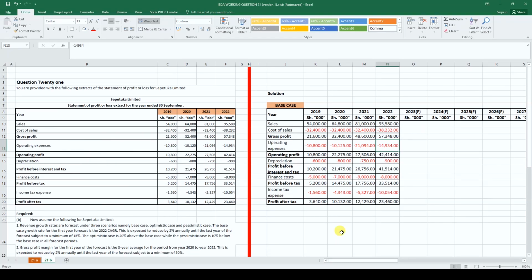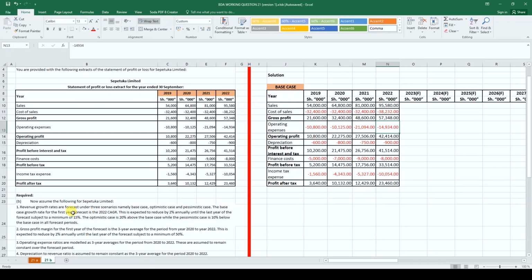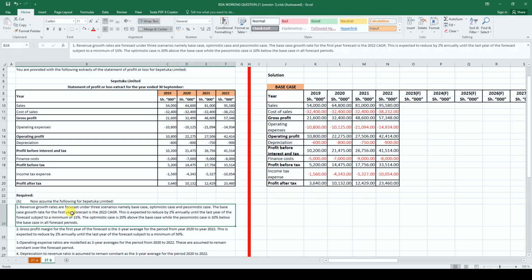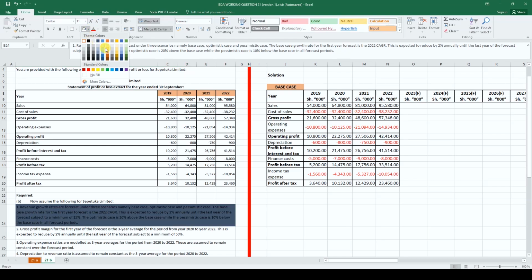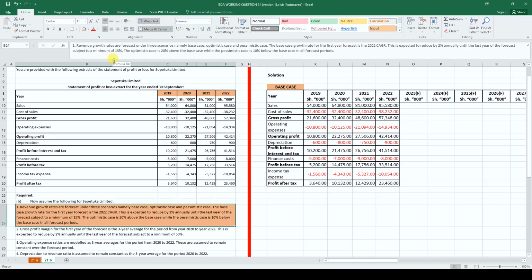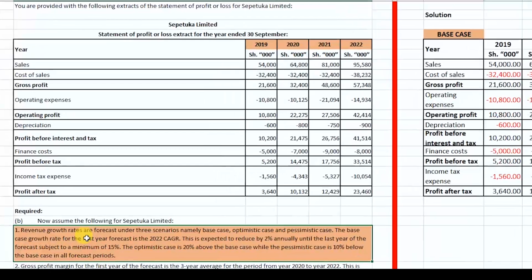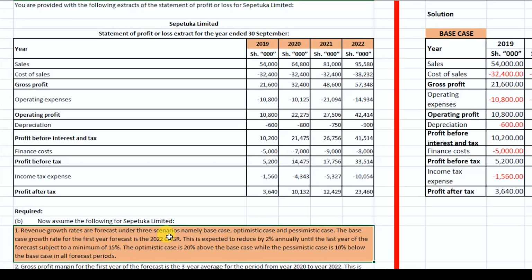So as we move along down and populating these cells, we are going to make the relevant adjustments. You can see we start off with the first information we've been given. I'll highlight it so that we can distinguish what we've solved and what we haven't solved. Revenue growth rates are forecast under 3 scenarios, namely base case, optimistic case, and pessimistic case.